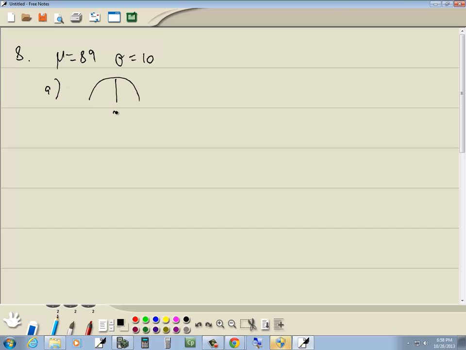Here's 93. More than is shaded this way, up to E99. This is just our normal CDF: 93, comma, E99, comma, the mean, comma, the standard deviation. So nothing special there.